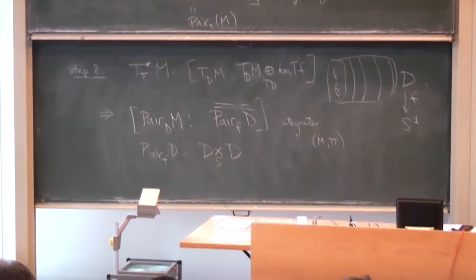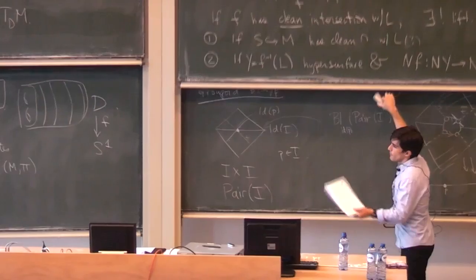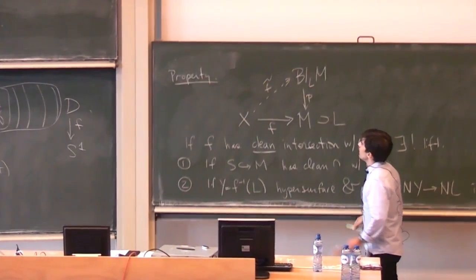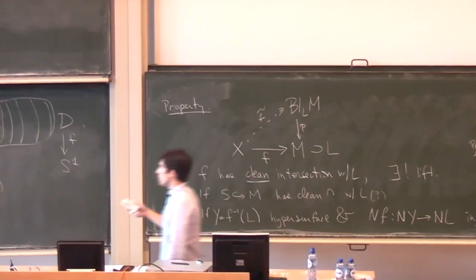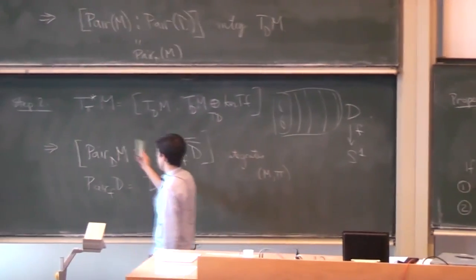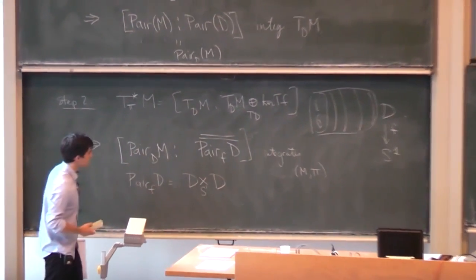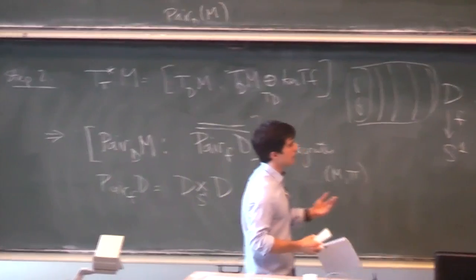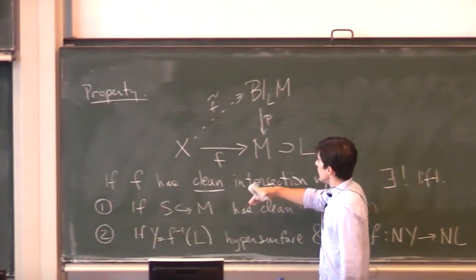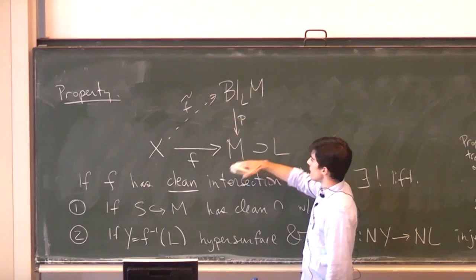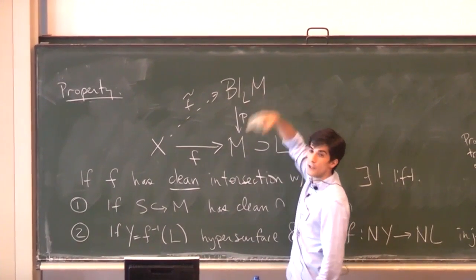So the interesting thing about this blow-up procedure is this universal property. Whenever you produce a groupoid in this manner by blow-up, it's a very special one. Just like the pair groupoid, it tends to sit at the bottom of the tower of all integrations.